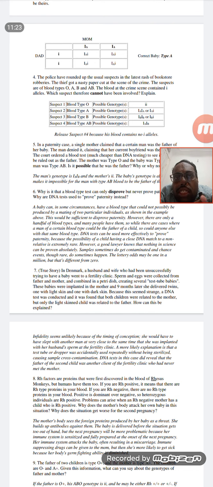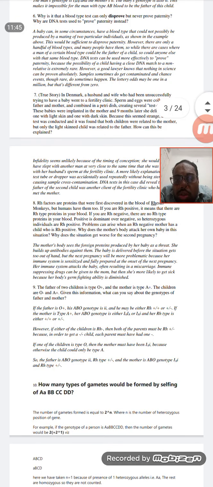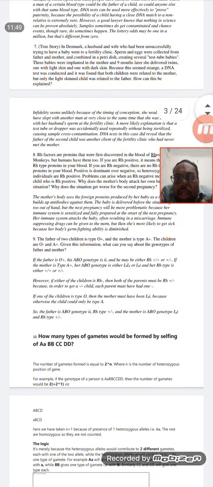Suspect number 4 should be removed because they have completely dominant I A, the heterozygous, co-dominant in nature. The balance all have I inside, so they can be taken. These types of questions they will ask, so please go through this, and if there is any doubt, you can ask me.